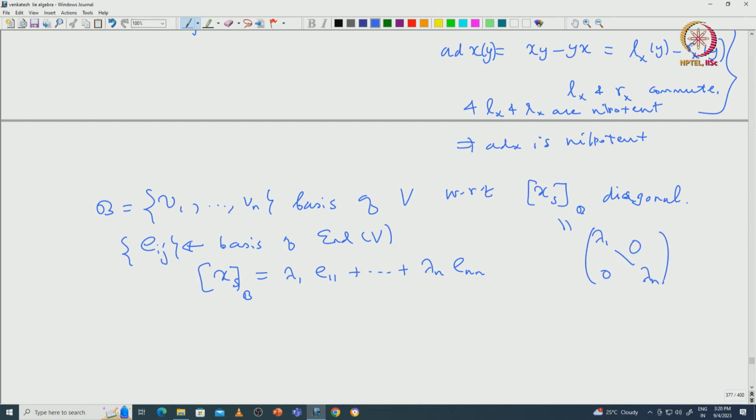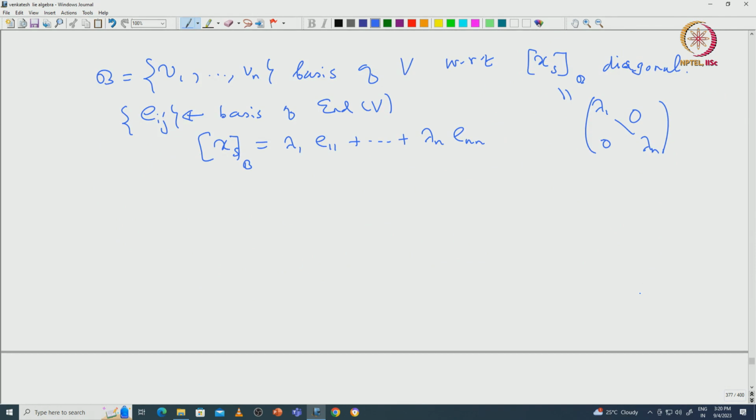Now you can see that if I compute this ad x_s on this E_ij, then it is going to give us x_s E_ij minus E_ij x_s, which is equal to lambda_i times E_ij minus lambda_j times E_ij.